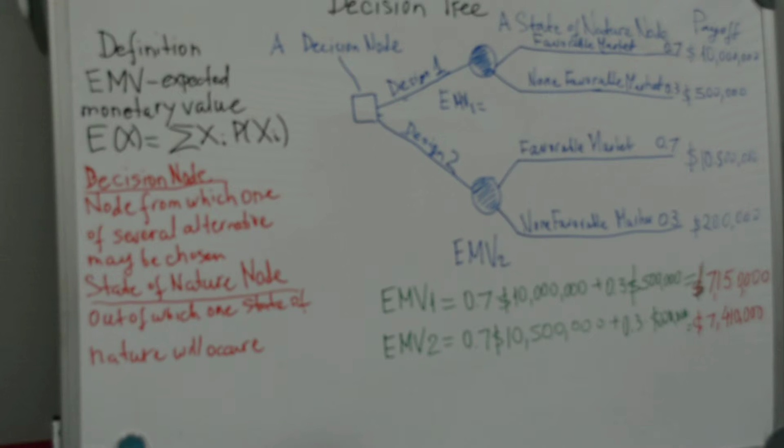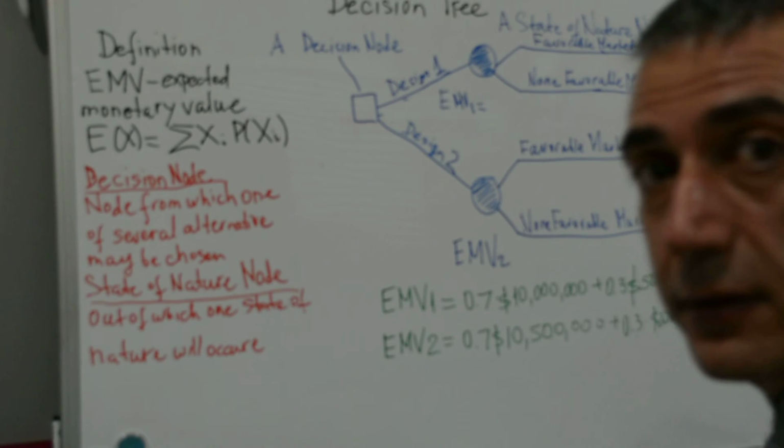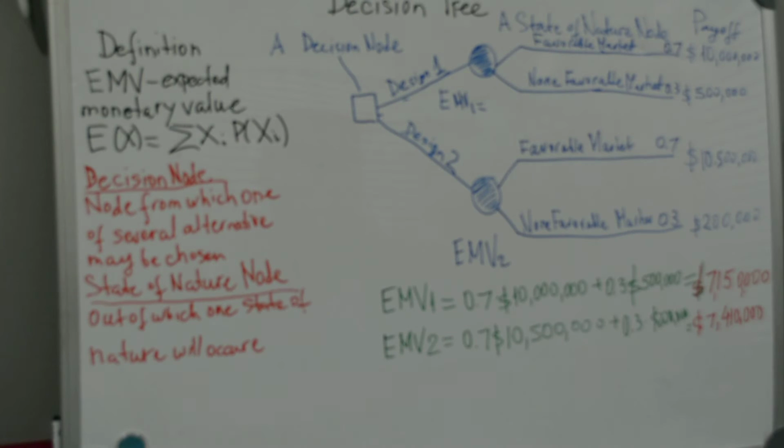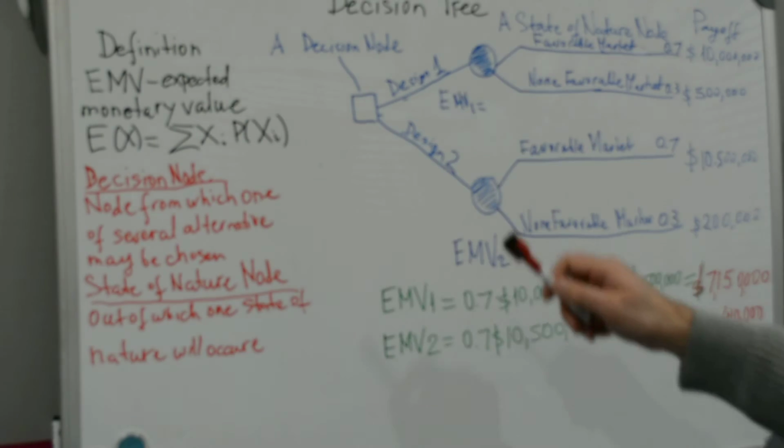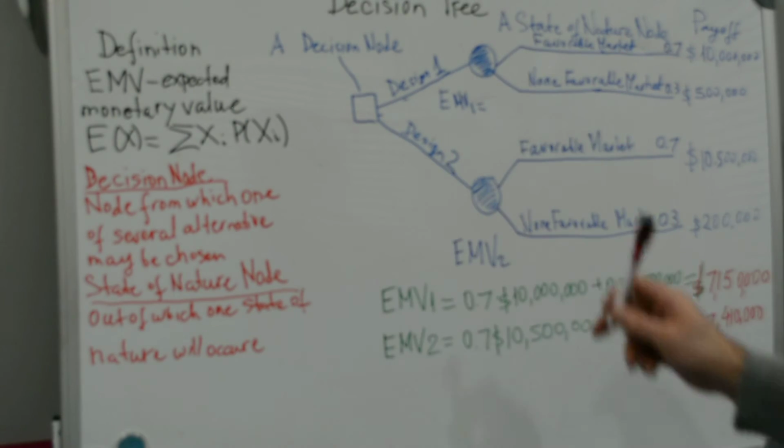For design 2 alternative, the favorable market is gonna bring $10,500,000, and non-favorable market is estimated to bring $200,000. The probability of favorable and non-favorable markets are still the same, 0.7 and 0.3. So we calculate expected monetary value 1 for the node 1.